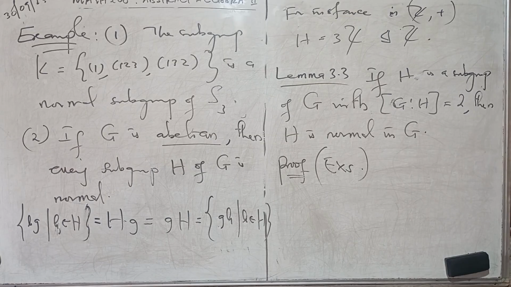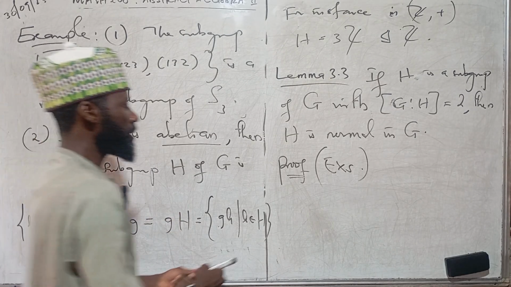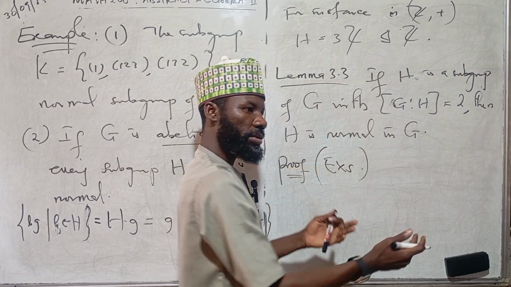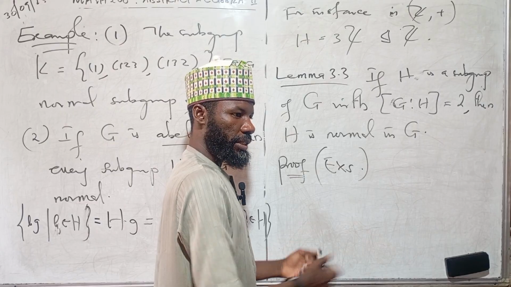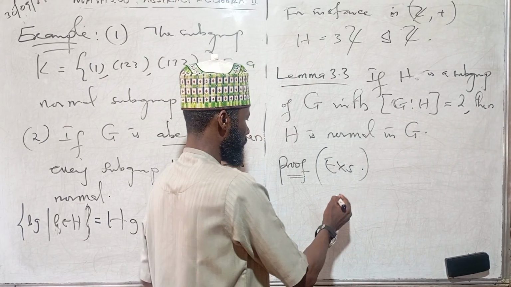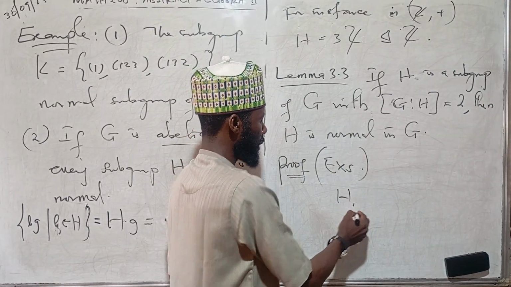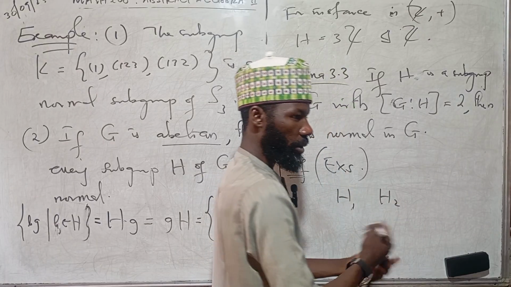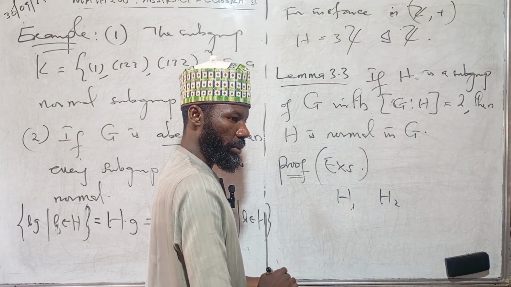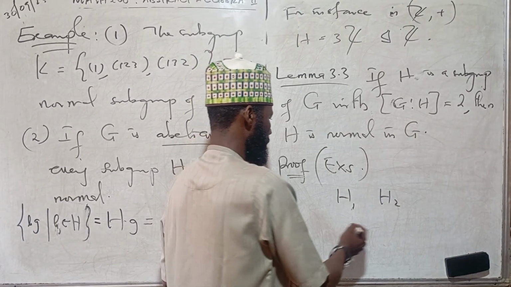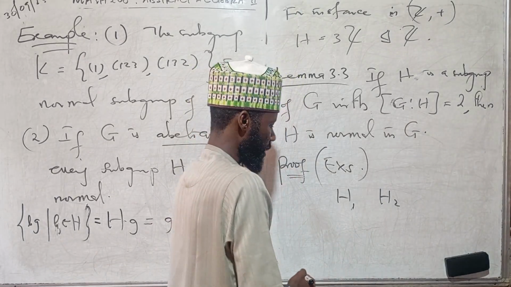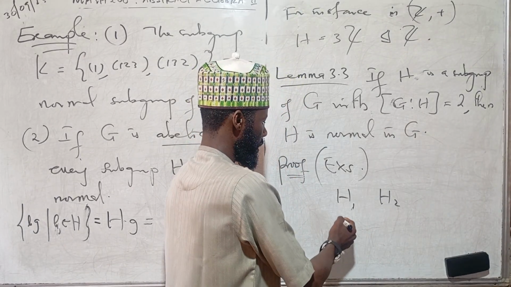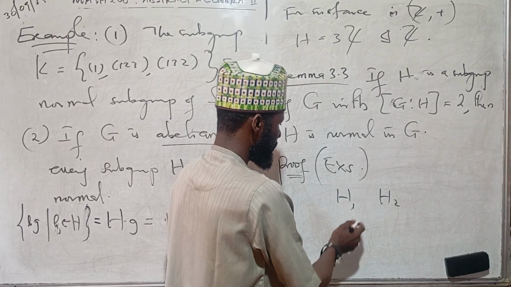It's not difficult to see, because if you say the index is 2, then you have 2 left cosets. So there will be only 2 left cosets, and there will be 2 right cosets as well.